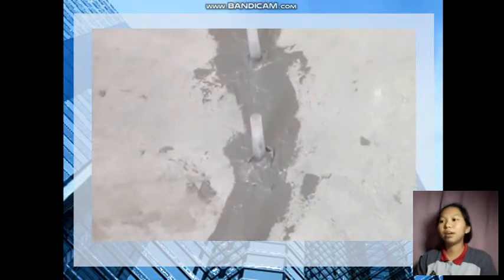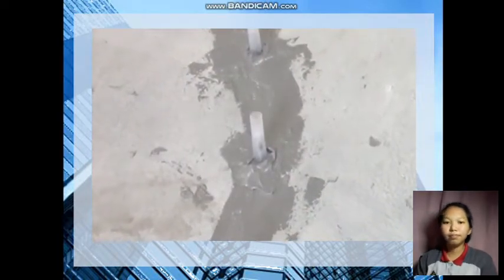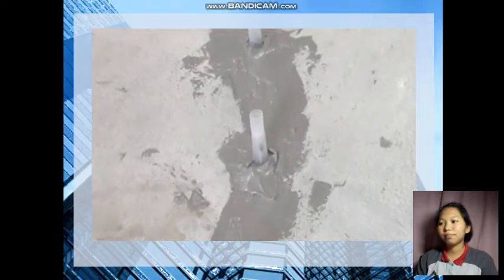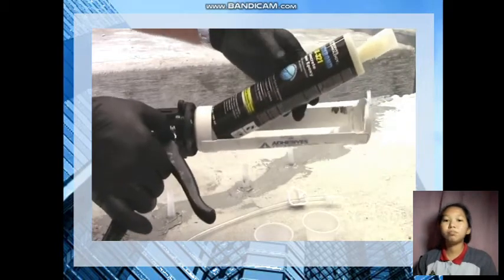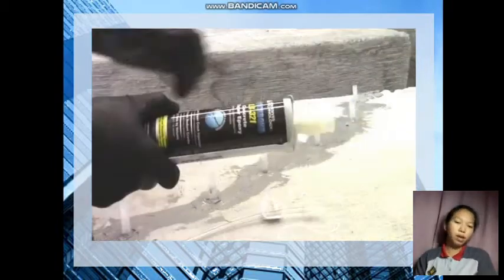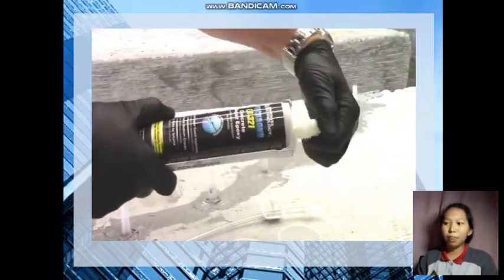Inia-align siya ngayon sa mga cracks. Then, pag align na siya, next naman ay yung pinaprepare na yung ating epoxy.